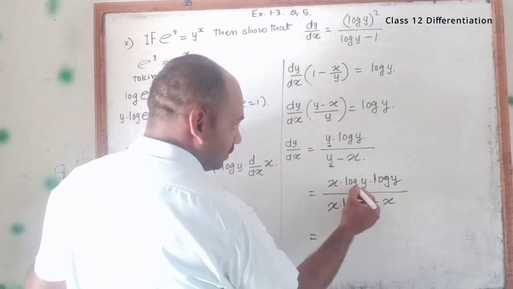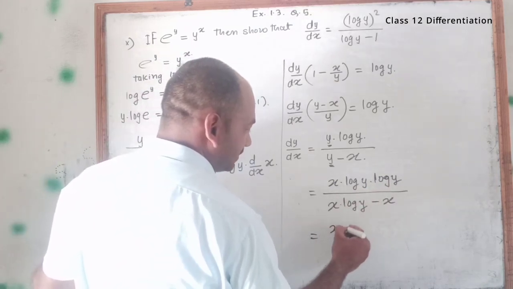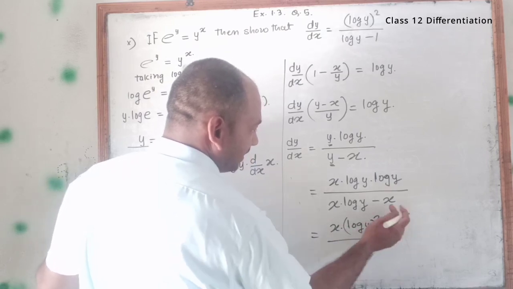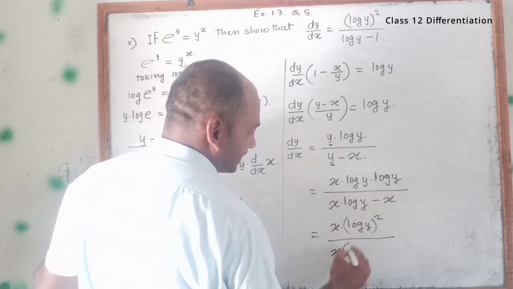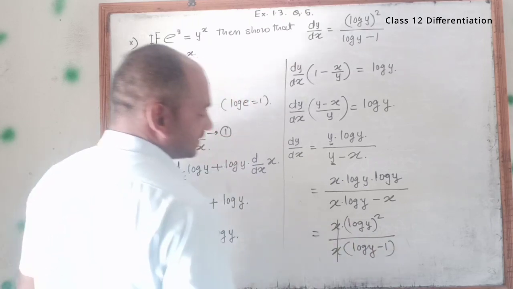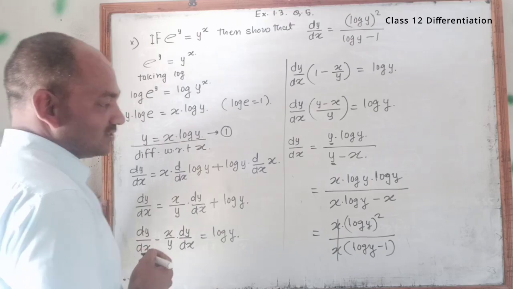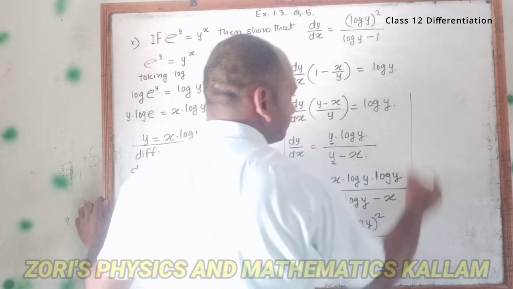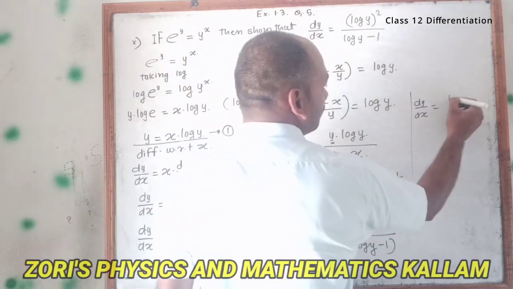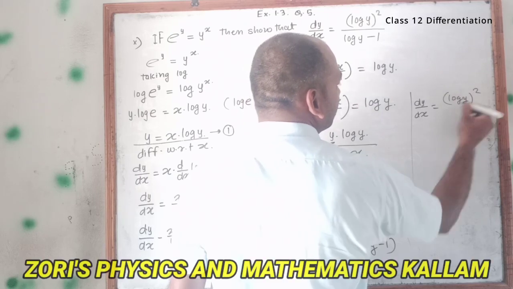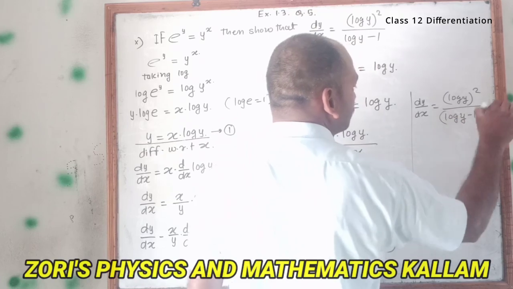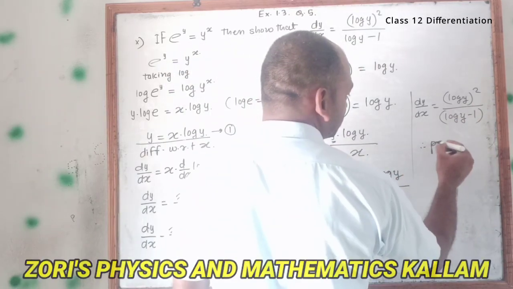So x into (log y) square divided by, when we take x common, x in bracket log y minus 1. We cancel this x. So finally we get our answer, that is dy/dx is equal to (log y) square divided by log y minus 1.